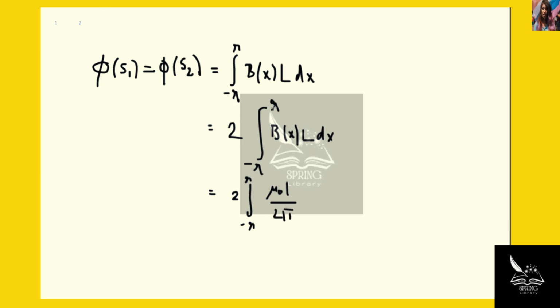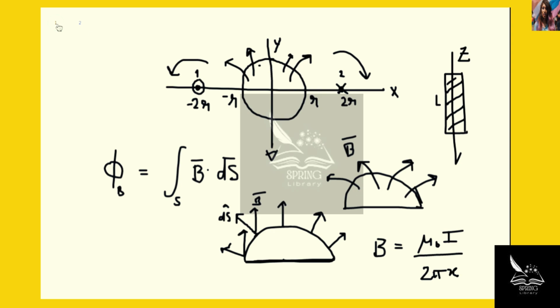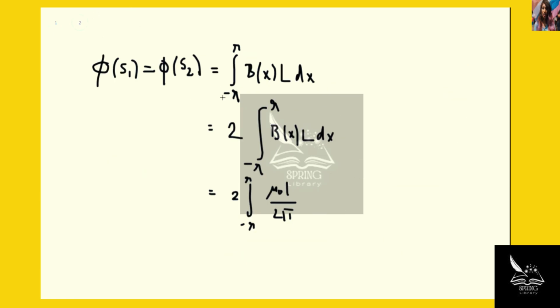Instead of writing x, we know that the wire is exactly at 2R, so the distance is 2R minus x, times L dx.